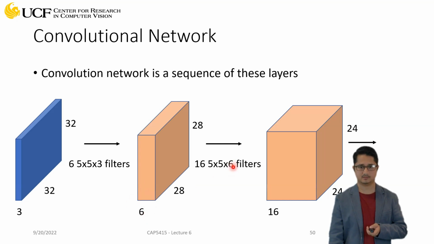Because that was 6, that's why we have 6. And again, these 16 kernels will give you 16 different activation maps, and that's why we have this volume. Of course, the X and Y are going from 28 to 24, which is fine. As I said, we'll talk about that later. So this is a 2-layered convolutional neural network. You can just keep building layers on top of these. Okay, the layers, the operation will not change.